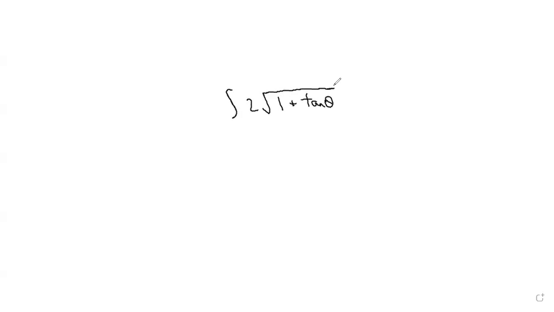Sometimes they use x and sometimes they use other variables, even from example to example. Although theta makes sense because theta typically denotes an angle. So that makes sense in terms of trig. So this is a square root of 1 plus tan theta, and then next to that is secant squared theta, and then you got your d theta at the end.